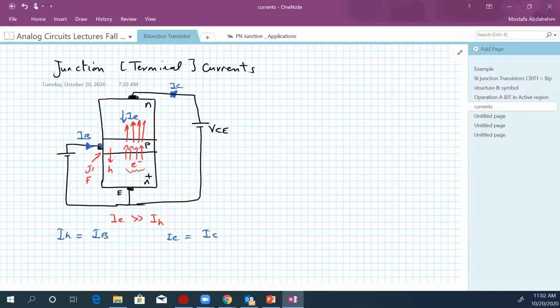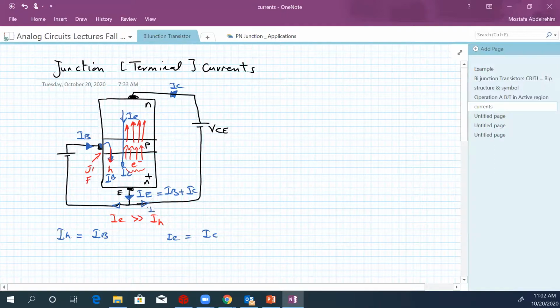So we have here two currents. We have IB and we have IC, which is IE. Okay, and both of them are combined here. So the resultant current here, IE, is actually equal to IB plus IC. And you can notice that easily from here. So the current here will be divided into sections.